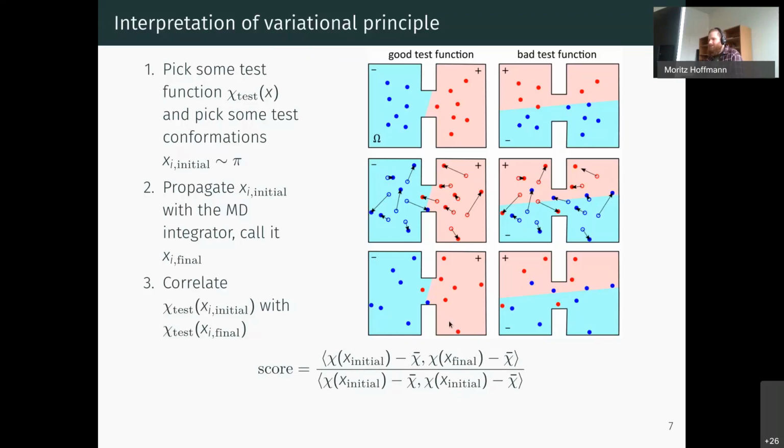Most of the particles still are in their region, not much has changed, and this expression will be near maximal. And for the bad test function, we obtain a worse mixture, and we will get a subsequently lower score. So this is more or less how you can envision the VAC score.